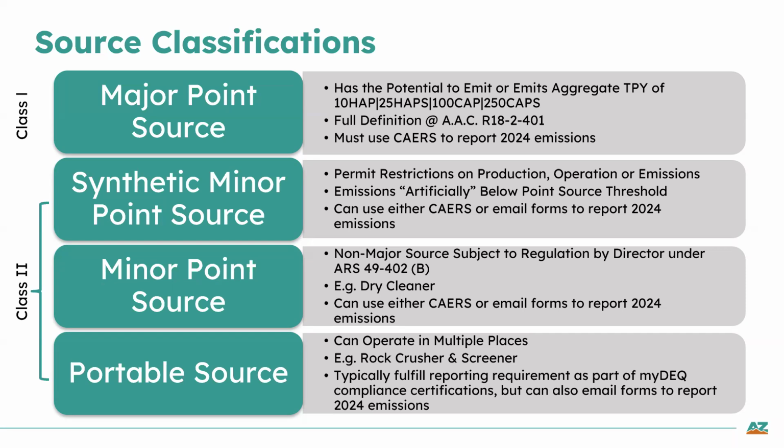Finally, we have portable sources, and these are sources that can operate in multiple places, including log crushers and screeners. These sources typically fulfill their reporting obligation in January during their annual compliance certification process in MyDEQ.